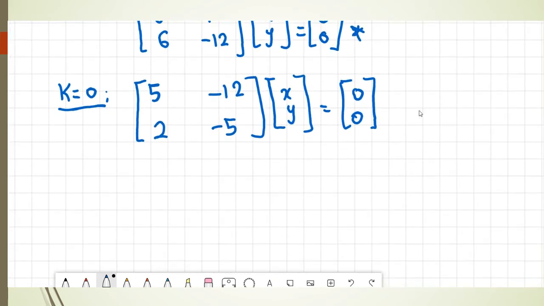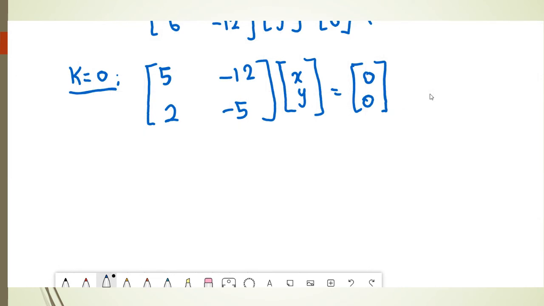Now we have to solve this equation. How can we do this? Let's multiply the first equation by 2 and multiply the second equation by minus 5. Okay, so we'll get 10 minus 24, minus 5 multiplied by 2 is minus 10. Minus 5 multiplied by minus 5 is 25.